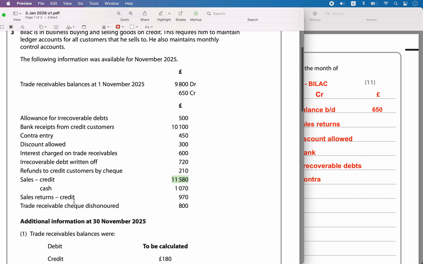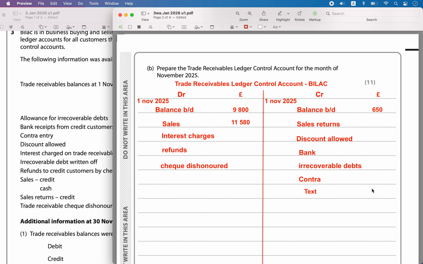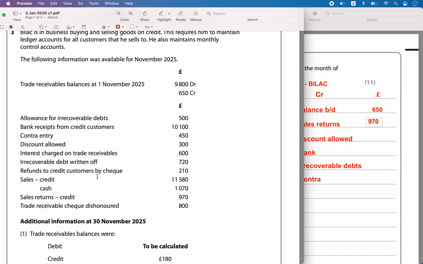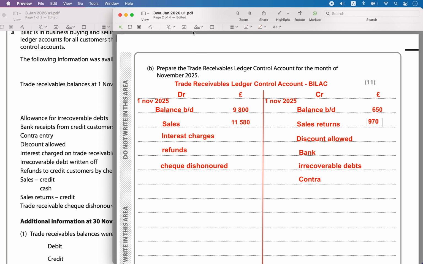It was a credit entry and that was 970. Then you have the discount allowed to the customers, which is 300.